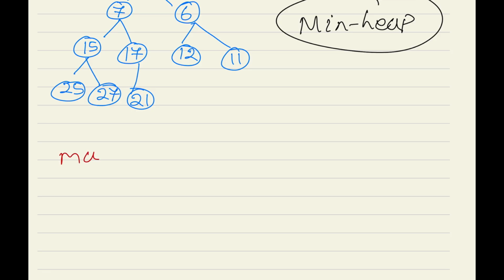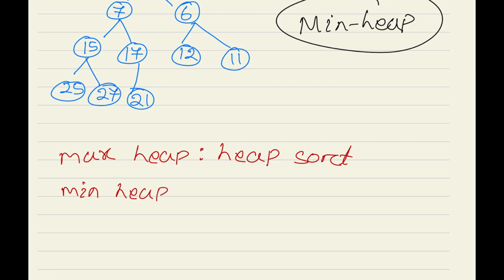Max heap is generally used in heap sort algorithm. We will discuss what is heap sort. Min heap is generally used in priority queues.